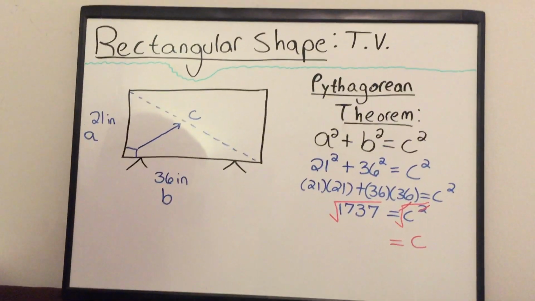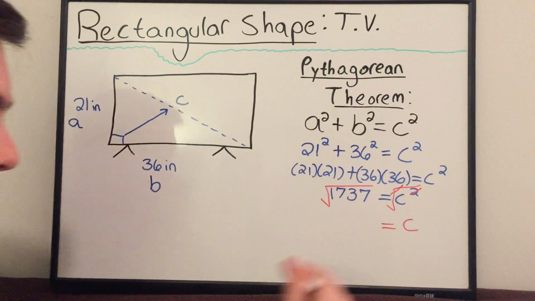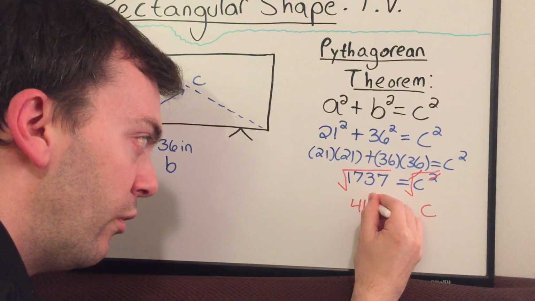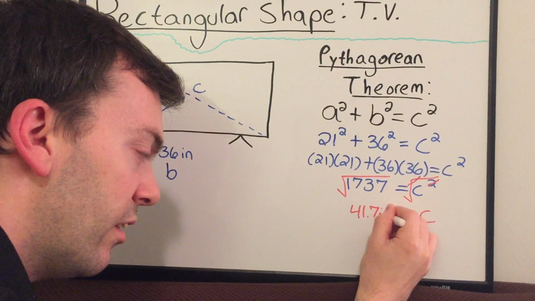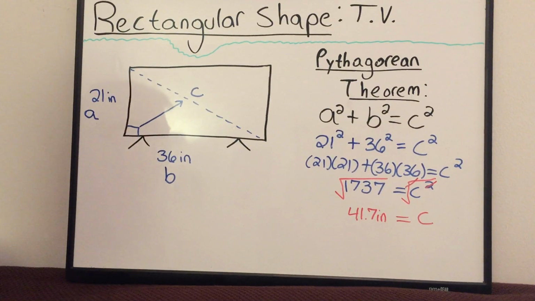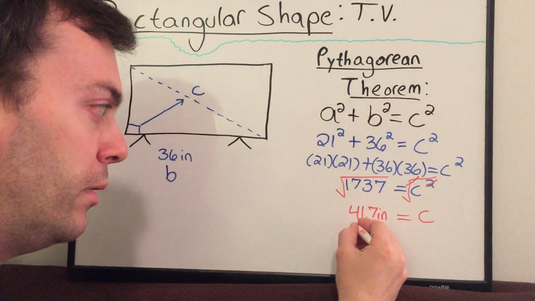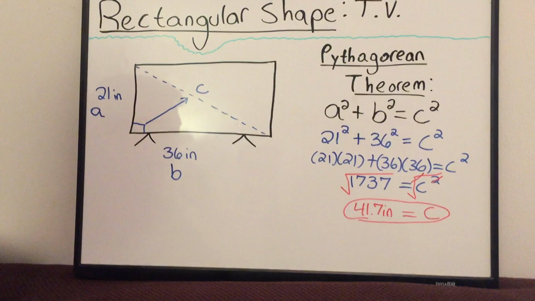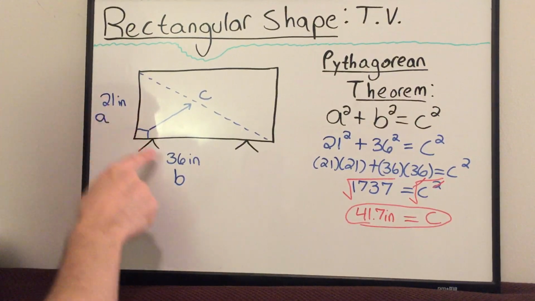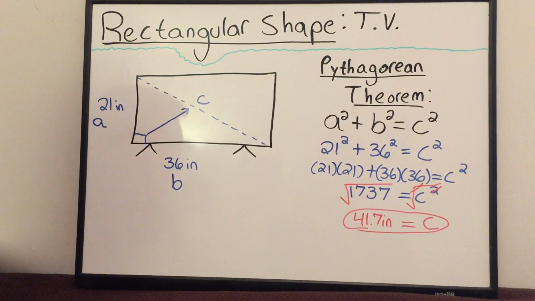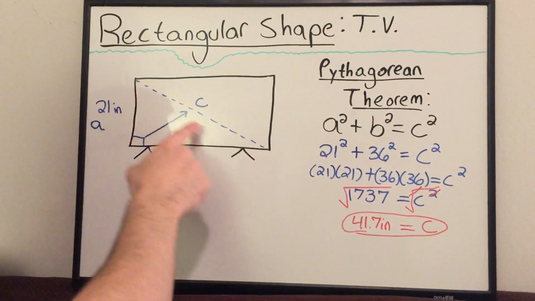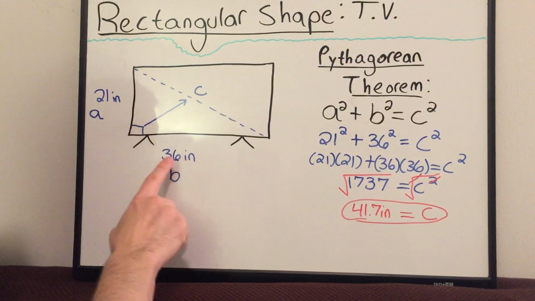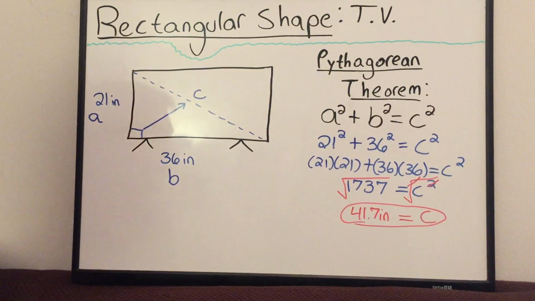Then you just square root this last part, and this should give me 41.7 inches. This would be my hypotenuse, which makes sense, since it falls in line closer to these numbers. Also, your hypotenuse will be your biggest side, and 41.7 is clearly bigger than 21 and 36.